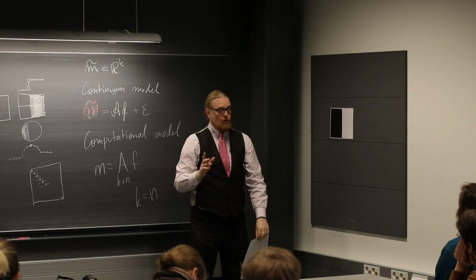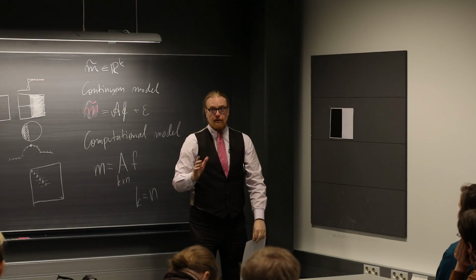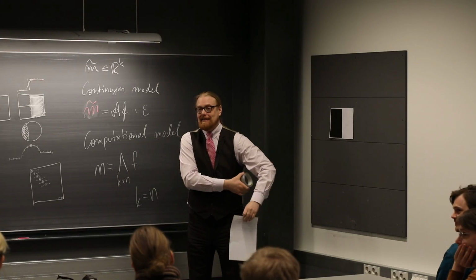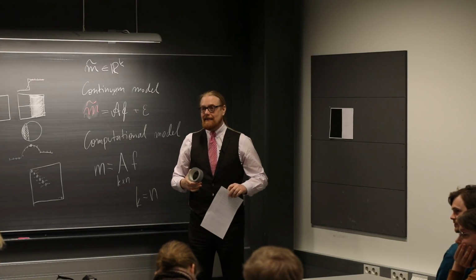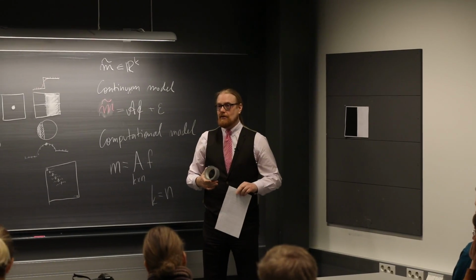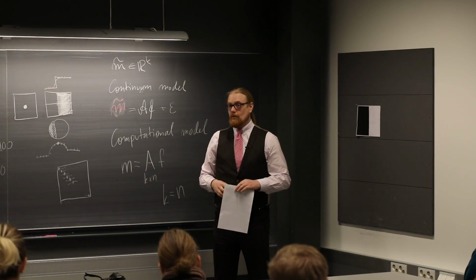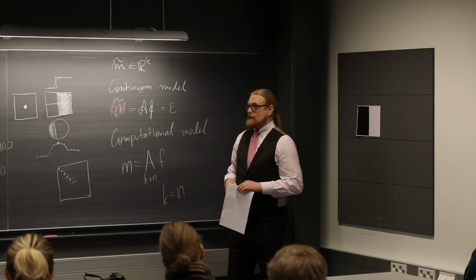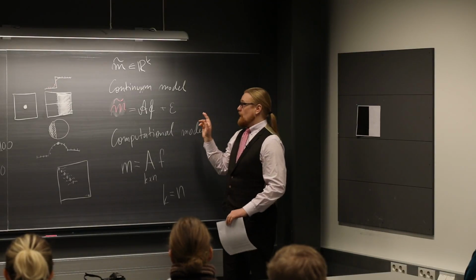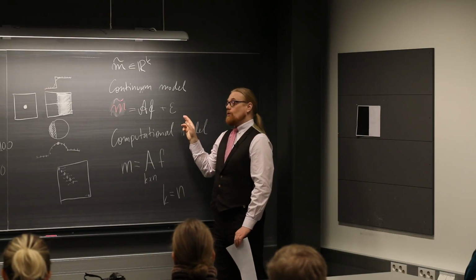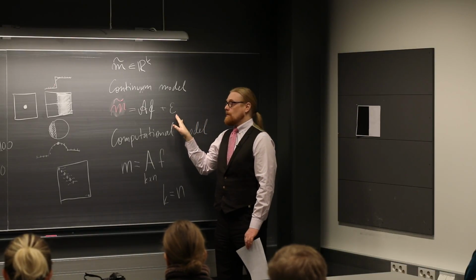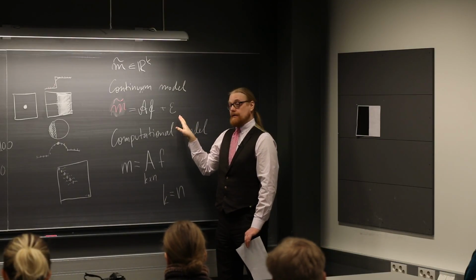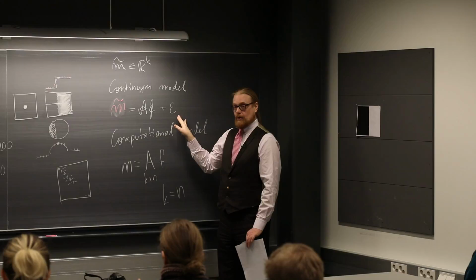Any questions or comments at this point? Sarjan: So we don't include any model of the noise in the computational model. We just assume that it's small enough that we can get close. Yes, so a model for the noise. This is an excellent question. Right now here we are just assuming that this is a small or smallish vector, and we don't really study the structure of the random noise.